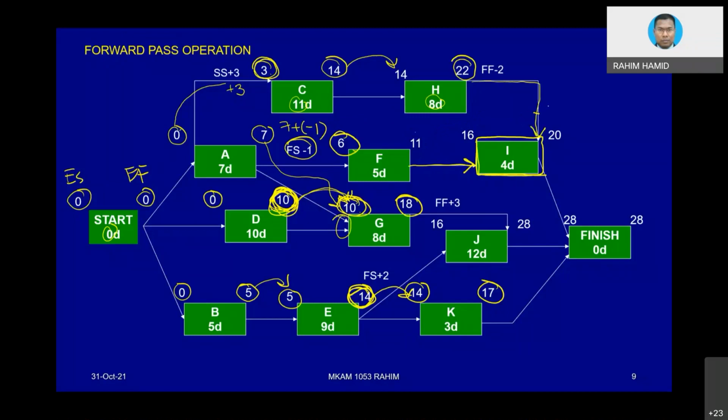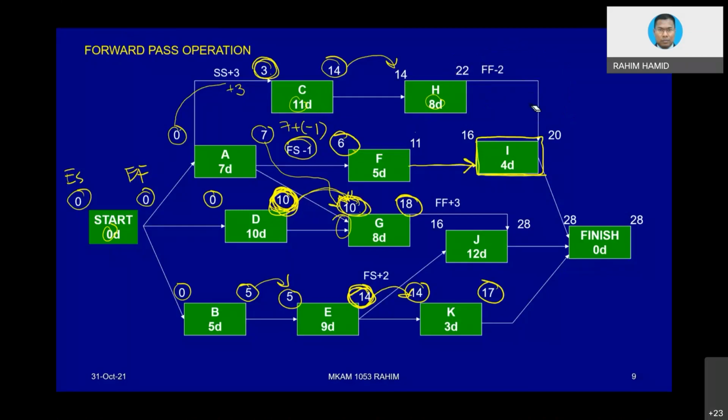So it comes from the back of the box there. So this value will have to be transferred into this slot instead of this value going into this. If this is the situation where FS relationship, but now we are not using FS, we are using FF. Okay, that is the scenario. You have to be very careful with the relationship.